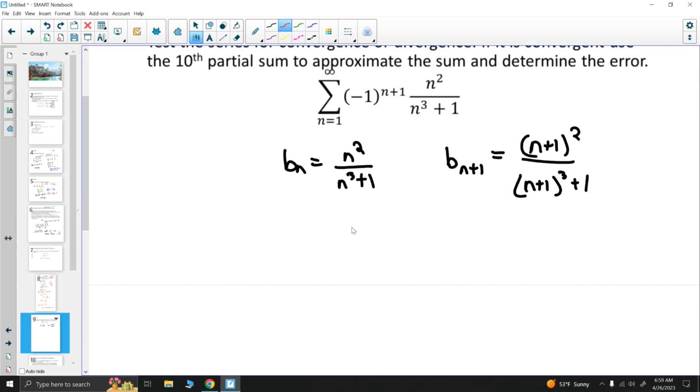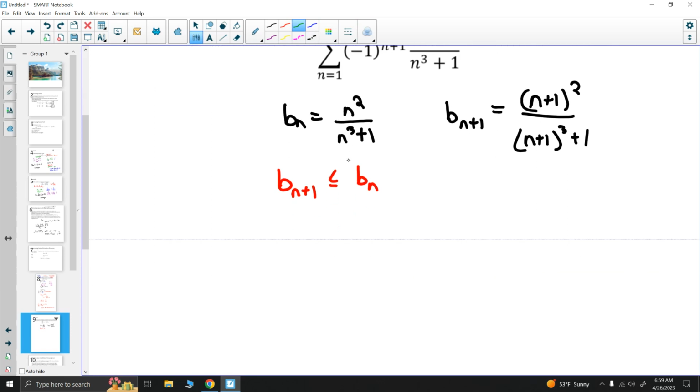So that should hopefully imply that b sub n plus 1 is less than or equal to b sub n, but that's not very definitive. And so what we're going to instead do is, I don't really trust that this is true. You may hope that it's true, but hope isn't a good enough proof of that statement.